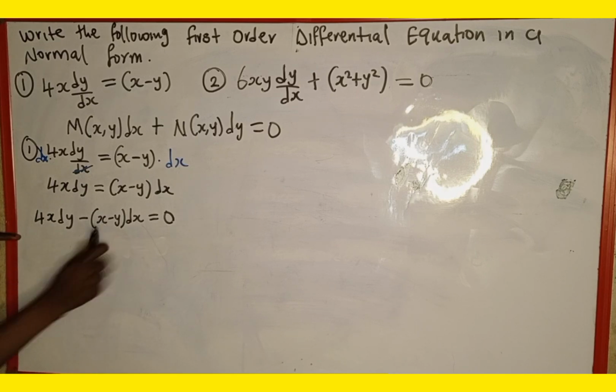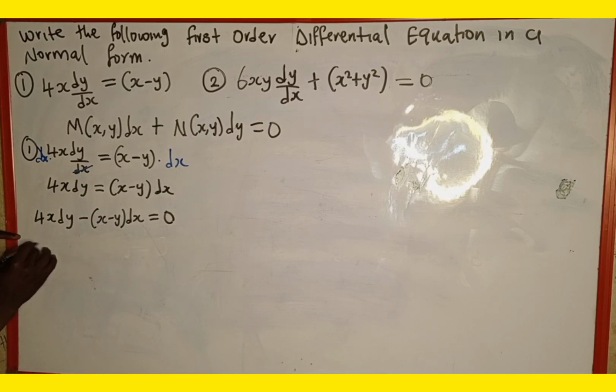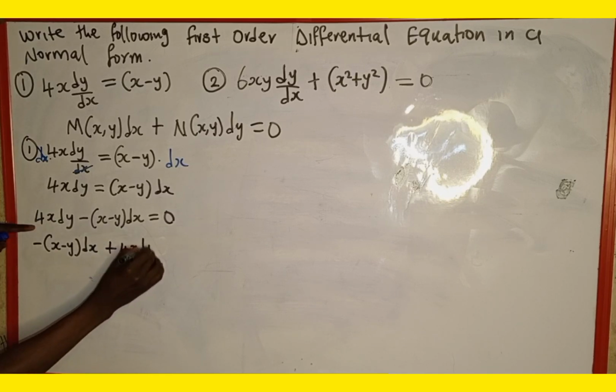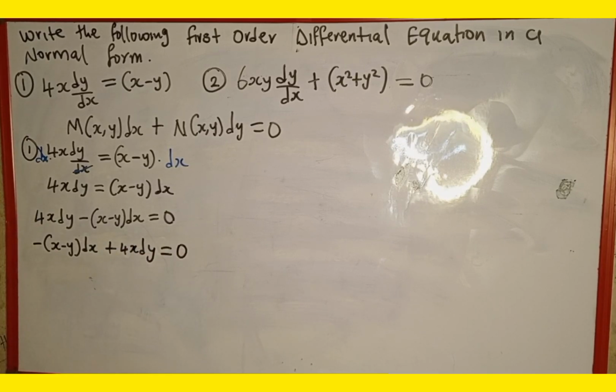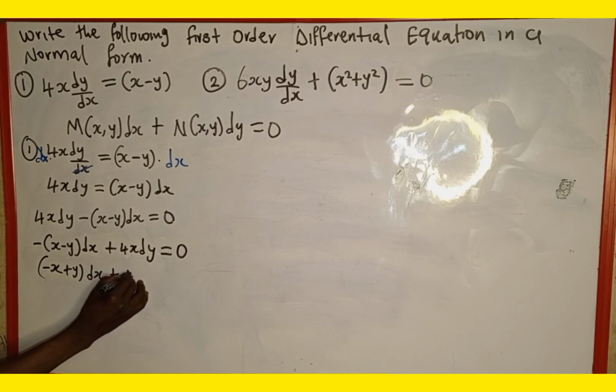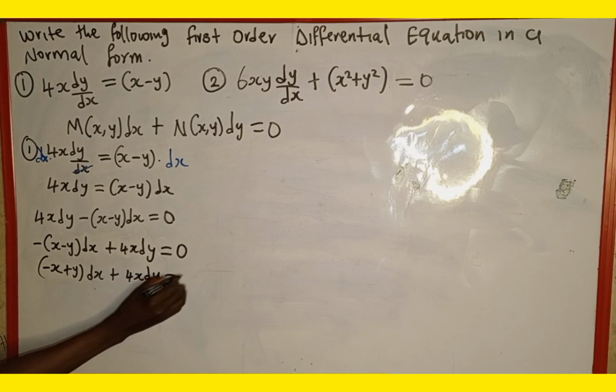First of all, we bring the term with dx. We are going to have minus (x minus y) dx, then plus, remember this is positive, plus 4x dy, which is equal to 0. Now we can use this negative to expand this bracket. Negative multiplied by x gives us negative x, and negative multiplied by negative y is going to be positive y, then dx, then plus 4x dy, which is equal to 0.